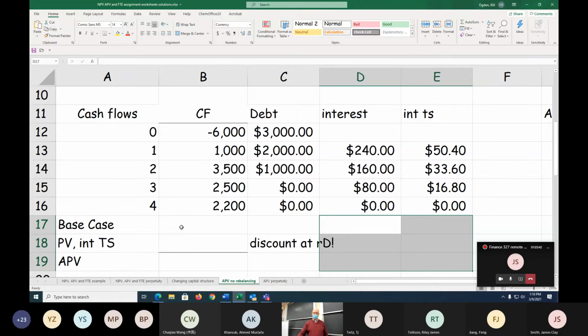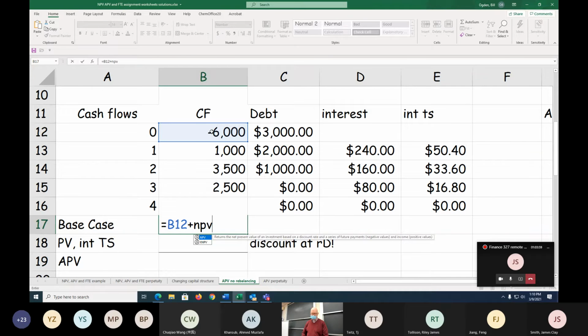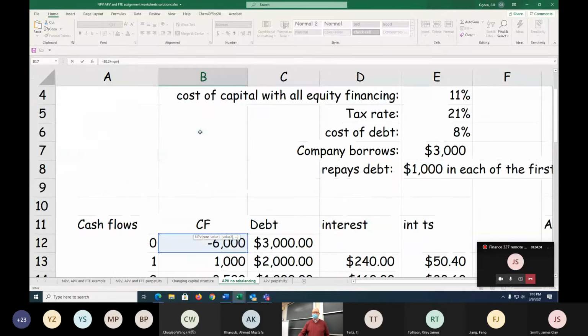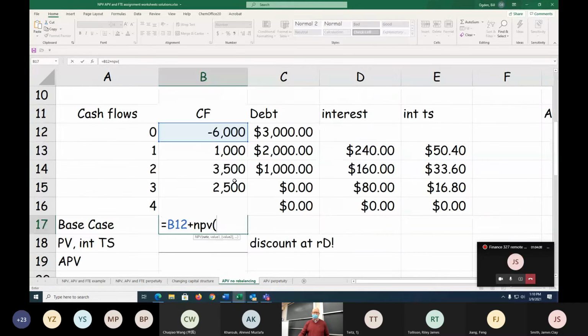All right, so APV only, no NPV. No NPV, just base case. Well, there is one, but it's the base case NPV. So equals minus 6,000 plus the NPV at RU, cost of capital, all equity financing, 11%.